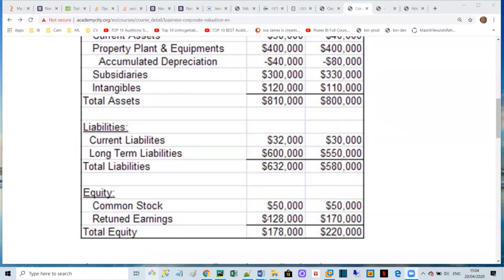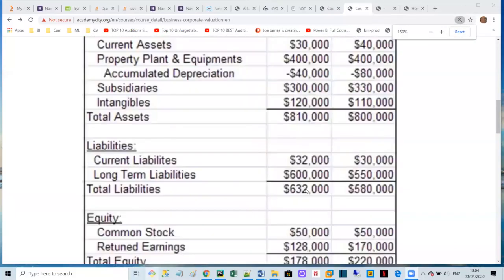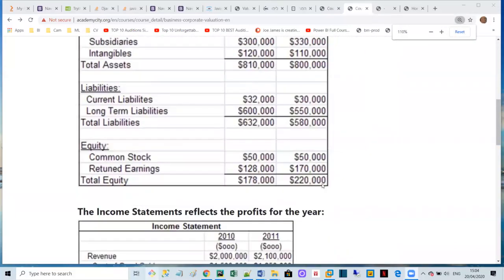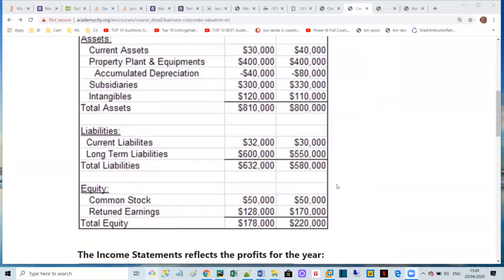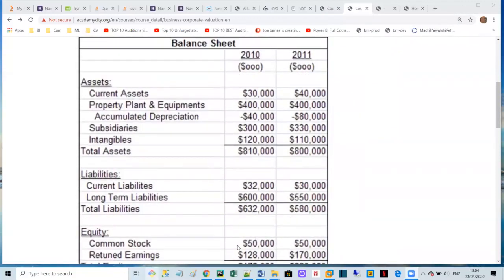So let me repeat that because it's very important, okay? Common stock is how much money the company has raised from the shareholders when it was established. They gave them stock and the shareholders gave the money to the company. That's common stock.